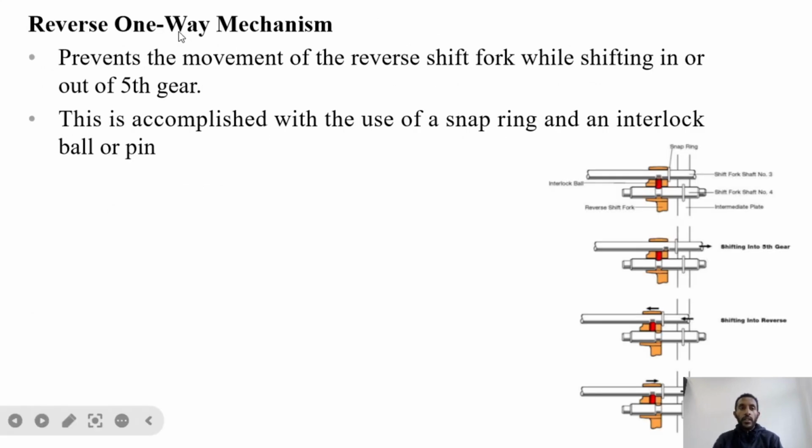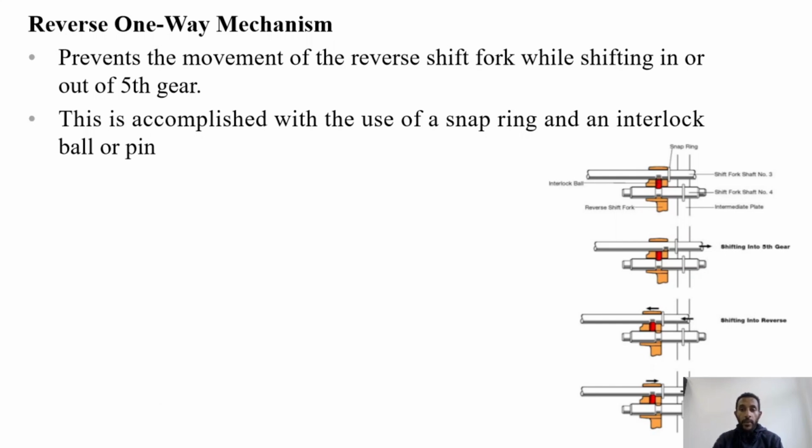The next one is reverse one-way prevention, or the pre-block mechanism. It prevents the movement of reverse shift interlock to the fifth gear. Look at this: what will happen if the driver shifts from fifth gear to reverse? Because in some arrangements the reverse and fifth gear are aligned in one direction. What will happen if the driver pulls from fifth directly to reverse?